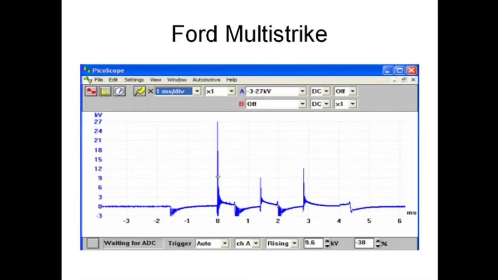As you can see, the spark plug fired 3 times. At idle and low load events, Ford will use multi-strike capability. This helps to clean up emissions at idle and part throttle, and it really helps with overall engine idle stability. Makes the engine run smoother.